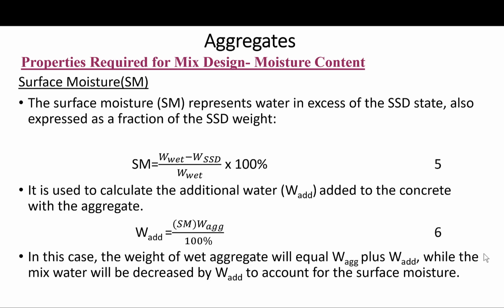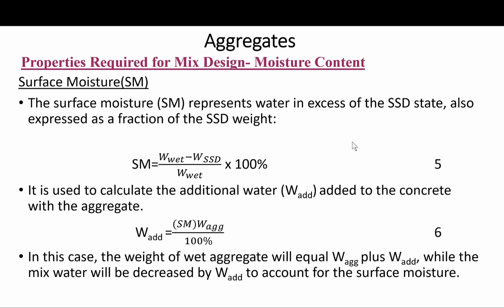Okay, let's keep going. We have the other parameter, which is the surface moisture. This represents water in excess of the SSD state, also expressed as a fraction of the SSD weight, as you can see in this equation number 5. Basically it equals the wet weight minus the SSD weight divided by the wet weight multiplied by 100%.